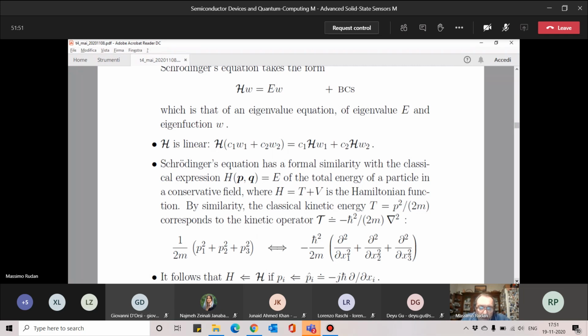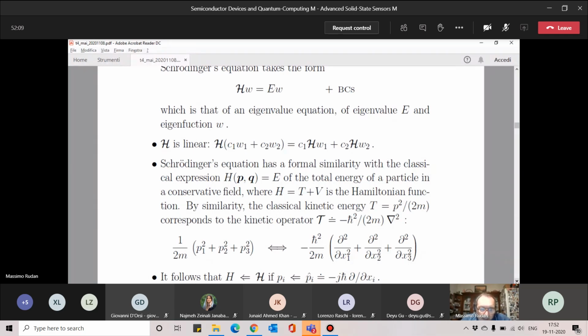There is another interesting observation that the Schrödinger equation has a formal similarity with the classical expression of the total energy of the particle in a conservative field, okay?